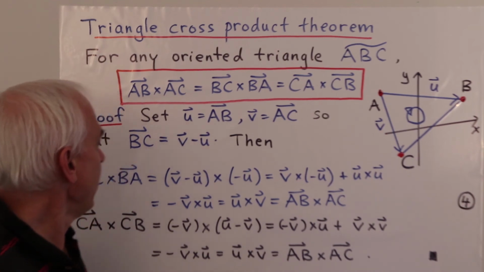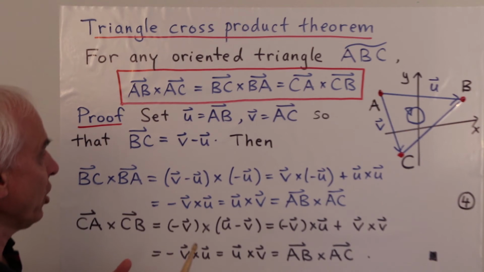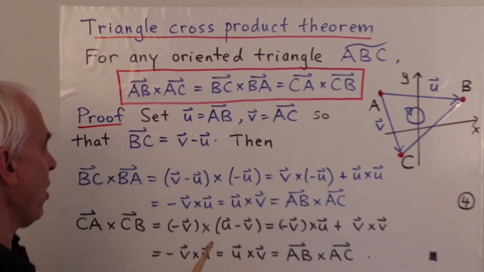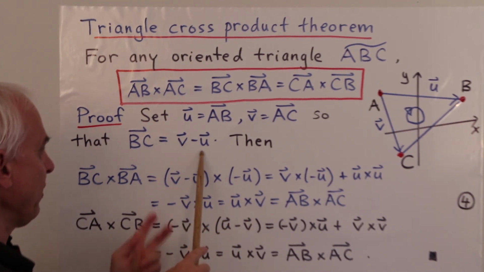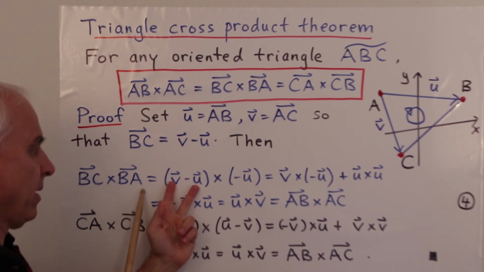Okay, so now let's have a look at BC cross BA. In terms of U and V, what are these things? Well, BC we've said is V minus U. And what is BA?